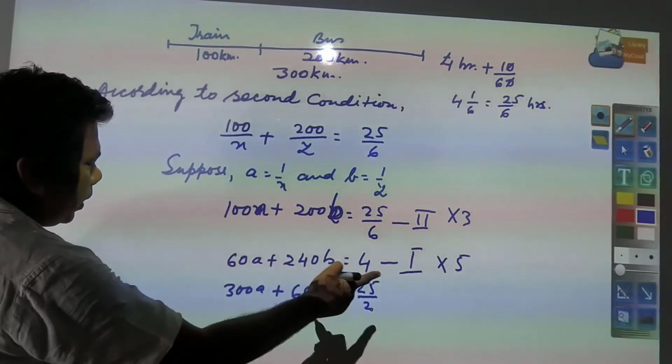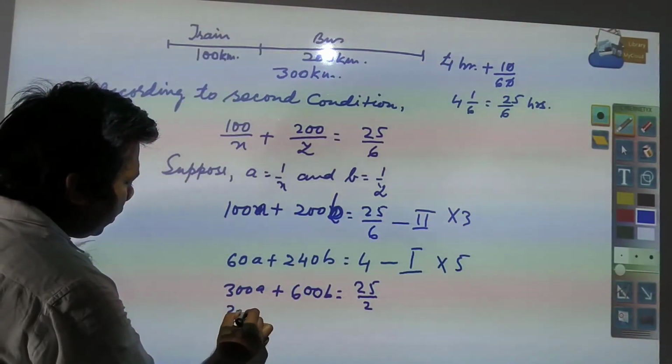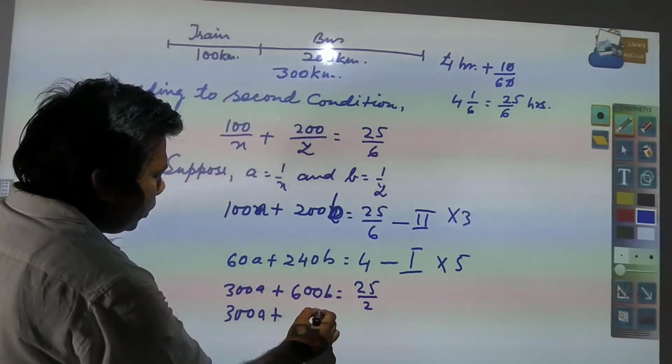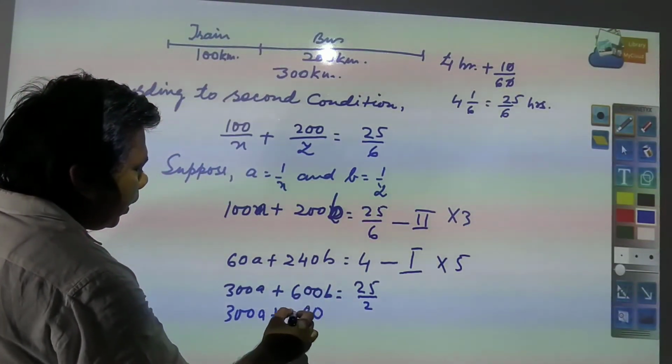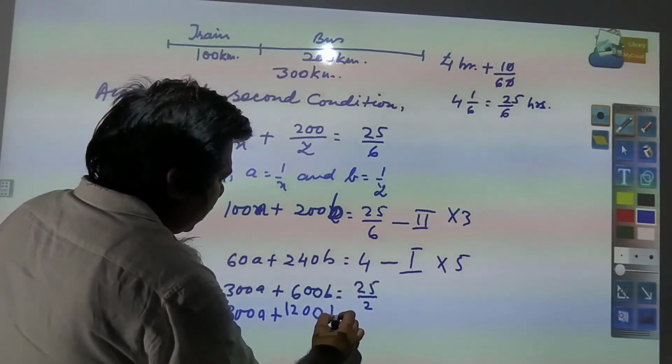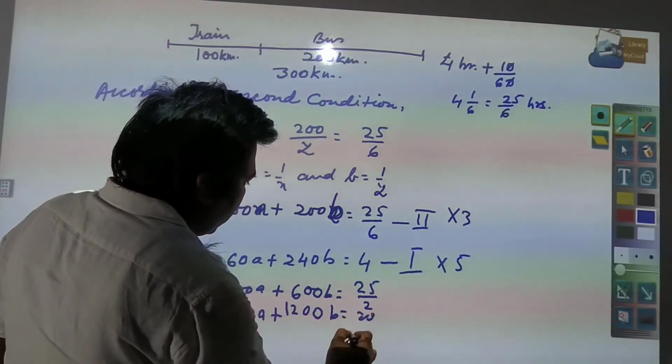And if you are multiplying by 5, this will be 300a plus 5 times 240, which is 1200b, and that is equal to 20.